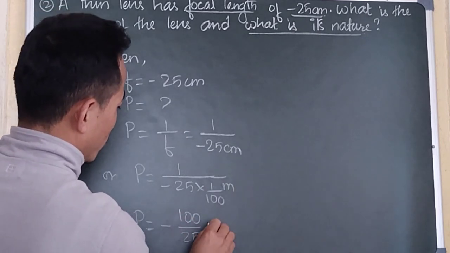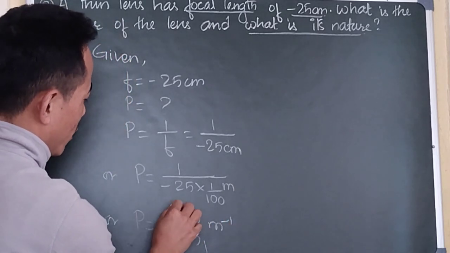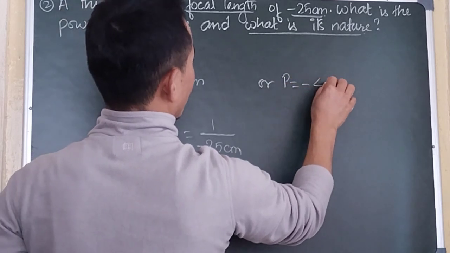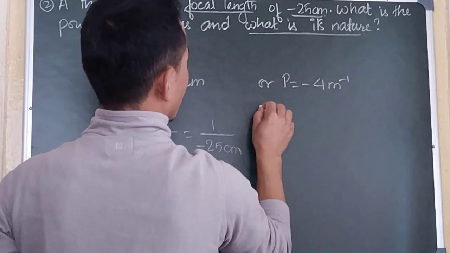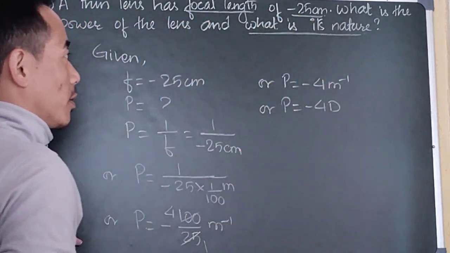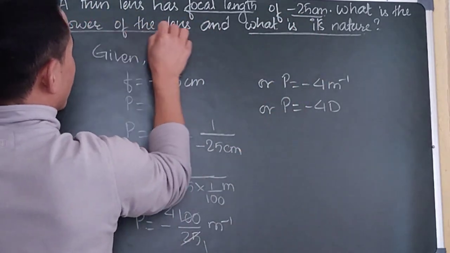This meter, you take it to the numerator, it becomes meter inverse. 25 1 times, 25 4 times. So you'll get power is equal to minus 4 meter inverse, and meter inverse is called the diopter. So we have found the power of the lens. This first part is answered.